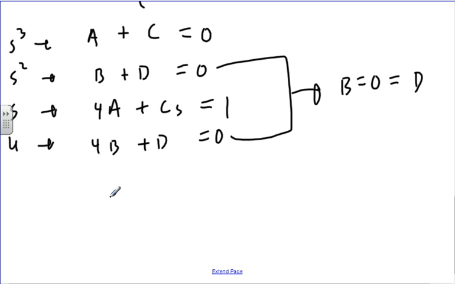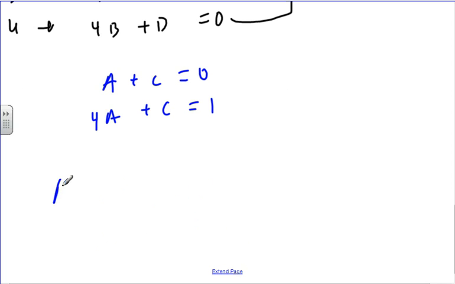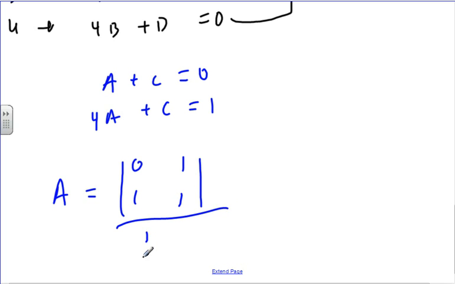Okay, so I've got a plus c is 0, and I have 4a plus c is 1. Okay, so a is going to be the determinant 0, 1, 1, 1, divided by 1, 1, 4, 1.